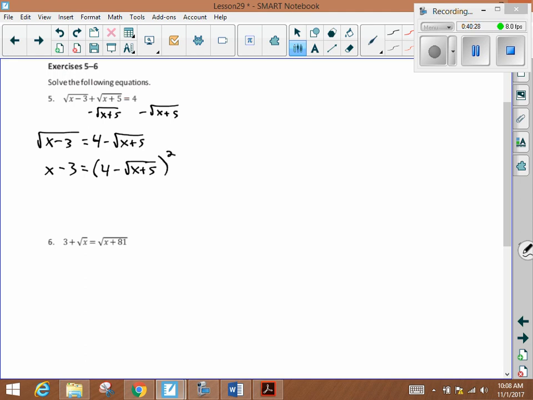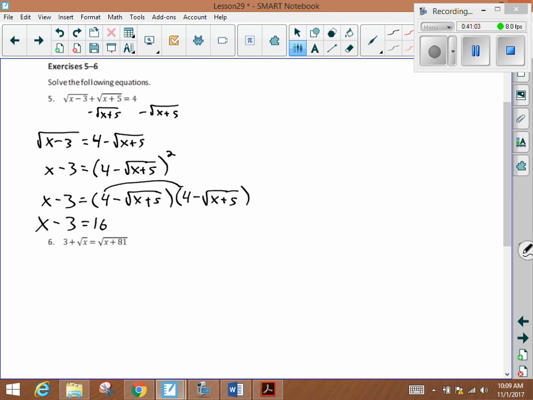And then when I expand that, that actually becomes 4 minus the square root of x plus 5 times 4 minus the square root of x plus 5. So now I gotta FOIL that. It's gonna be fun. Believe me. All right, so 4 times 4 is 16.